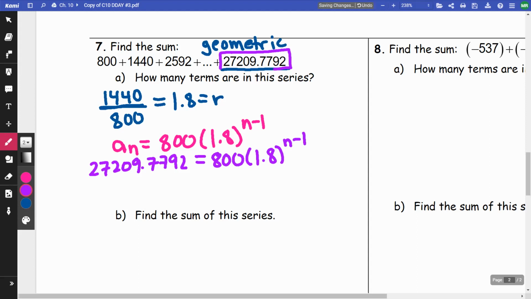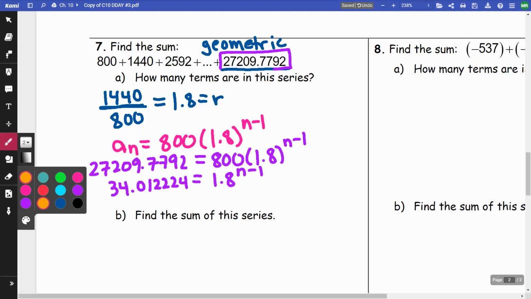I'm going to divide both sides by 800. So when I divide by 800, I ended up getting 34.012224. I'm going to keep that number in my calculator. I'm not going to round it, so that if I do round it, I'm not going to get a nice answer. Now I need to find the exponent, so that means I'm going to use logarithms.